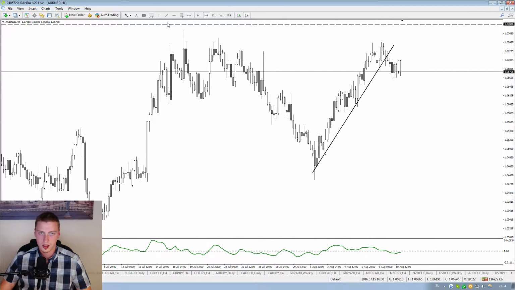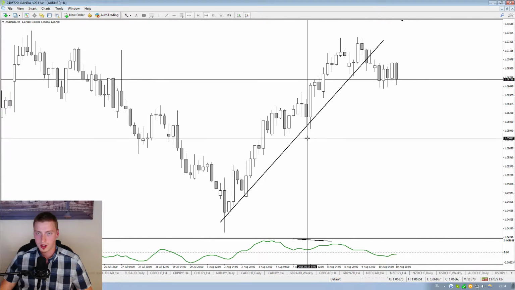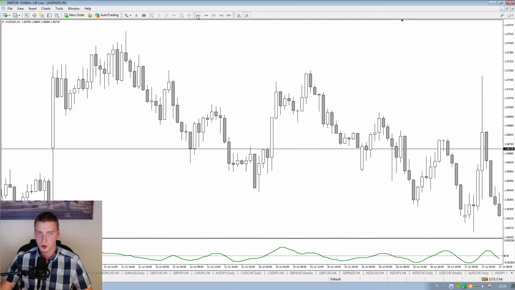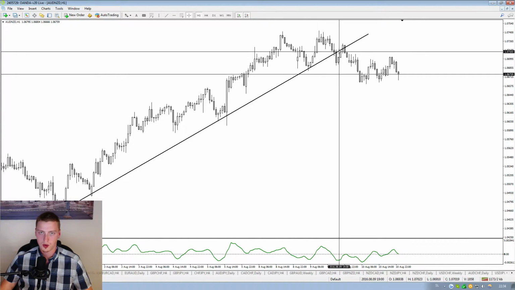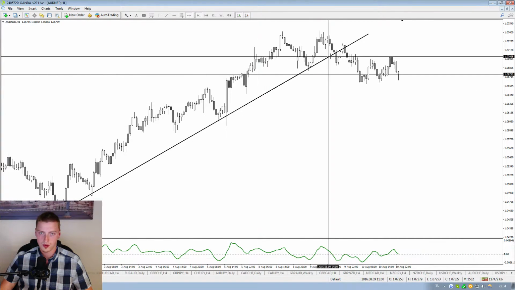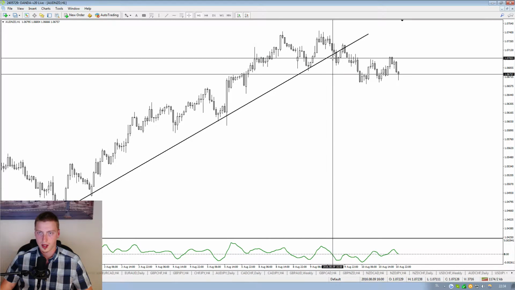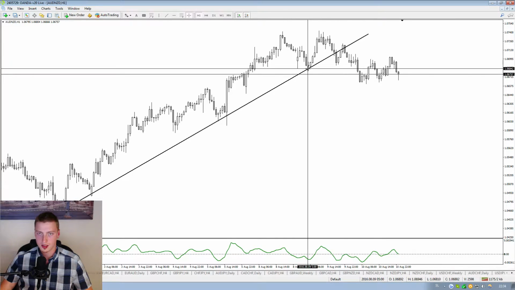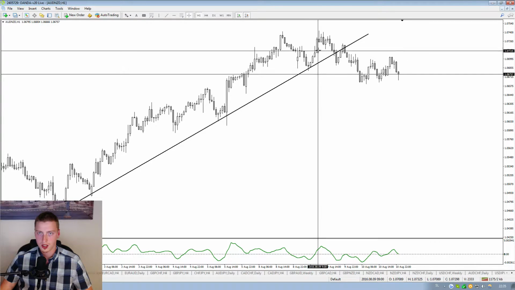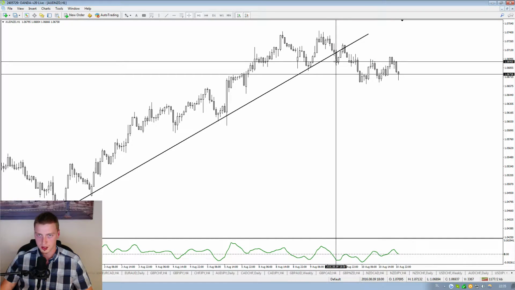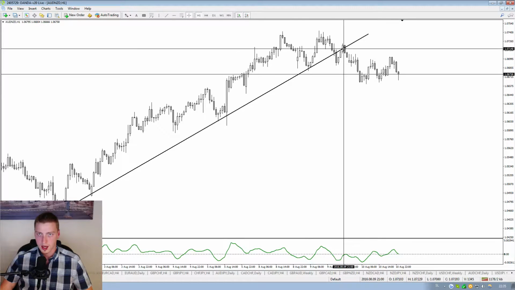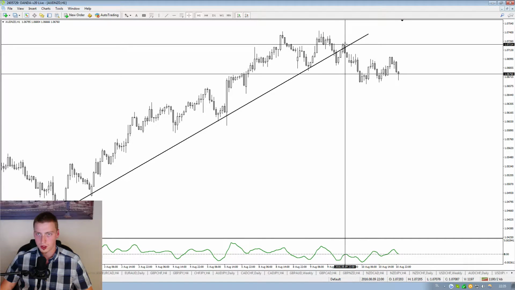So the second reason, divergence, break of a trend line, which is better seen on a 1 hourly time frame. You can see four touches, 1 2 3 4, break of that. This is a higher low, this is a retest, this is a higher low, still this low is higher than this low, and after that we've got a lower high.